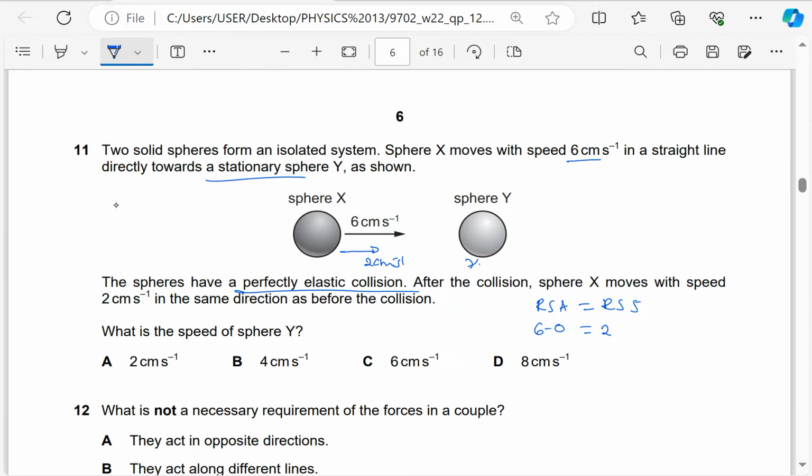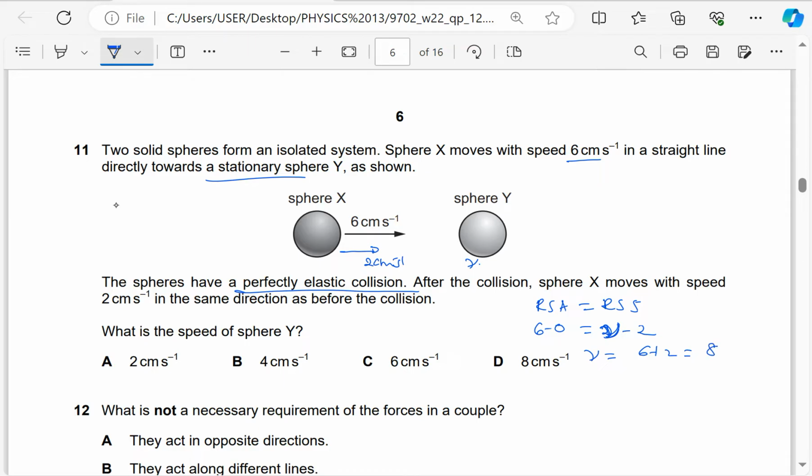So I'll say after collision, most likely sphere Y is going to have a higher speed than sphere X. So I may say V minus 2, because sphere Y is in the front, so it has a higher speed than sphere X. So it means V is going to be equal to 6 plus 2, which is going to be 8.